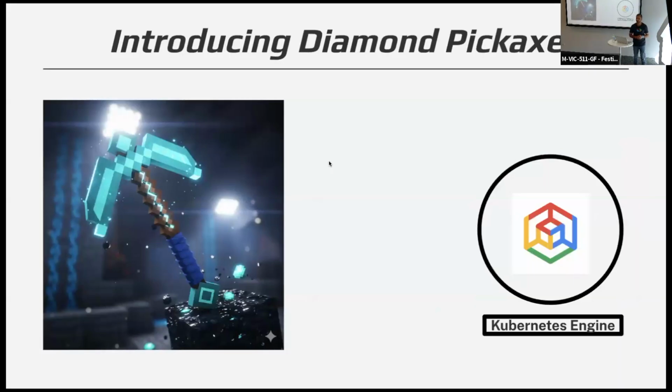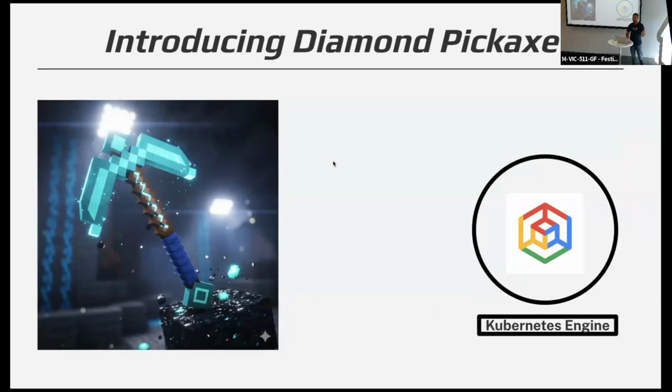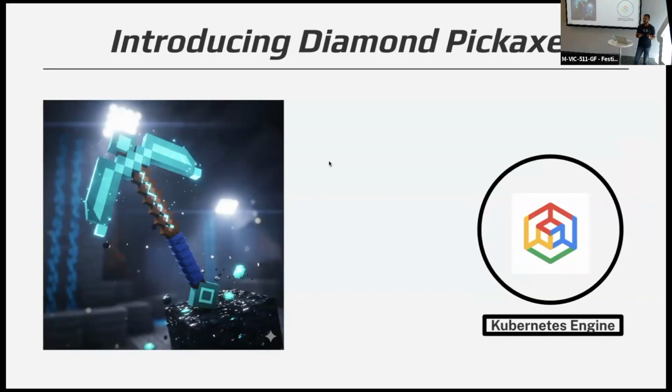Introducing Diamond Pickaxe, which is Kubernetes Engine. GKE is a managed Kubernetes engine service that's provided by Google.